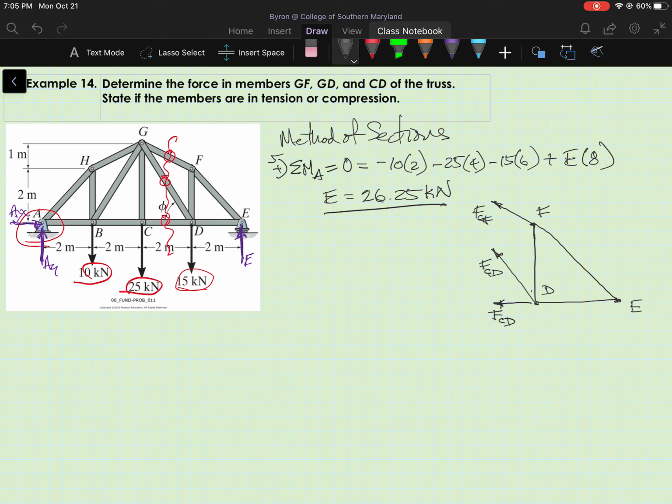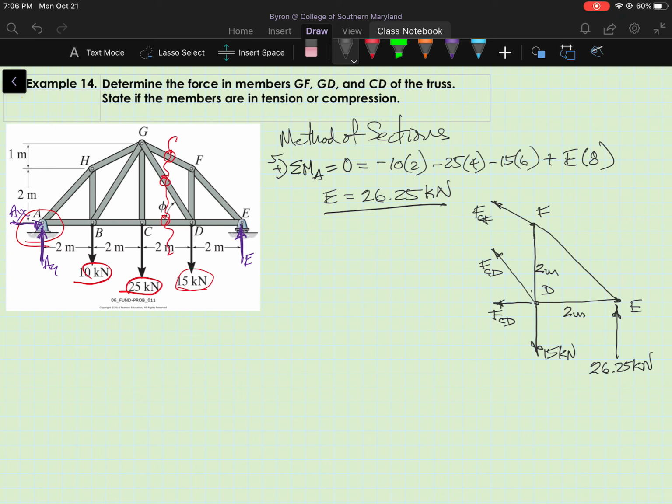Now I need to show my given applied loads. So I have a 15 kilonewtons applied at D, and that reaction force at E was a positive 26.25 kilonewtons. Okay, and some geometry. This is 2 meters. This is 2 meters.